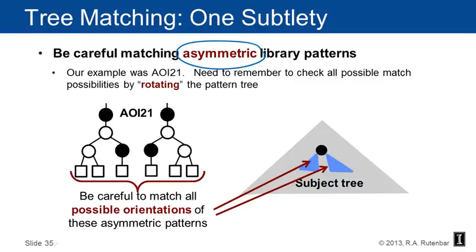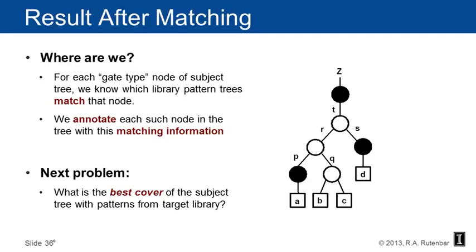And you actually have to match it both ways, which for asymmetric patterns requires asking, does the left child of the subject match the left child of the pattern? No. Does the left child of the subject match the right child of the pattern? Maybe. So you have to do these left-left, left-right, right-left, right-right kinds of matches. It's just some more case analysis. It's not particularly complicated, but I'm warning you that you have to do that.